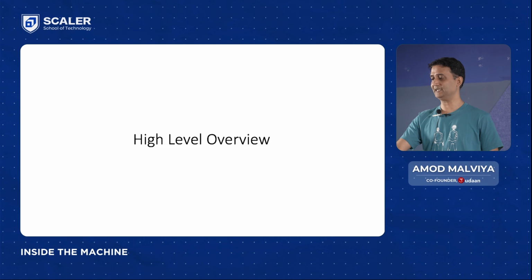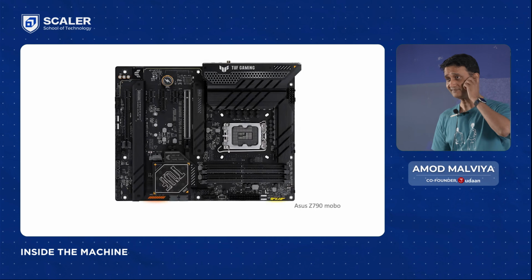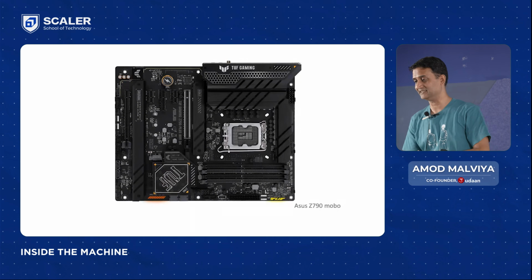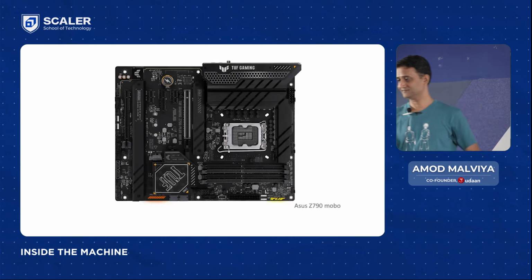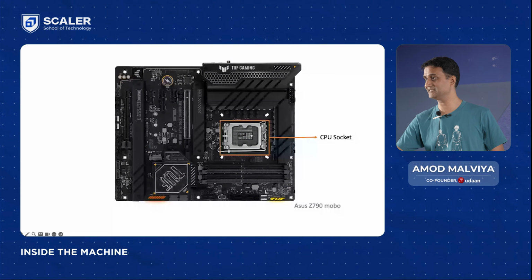All right, so with that, let's get started with a high-level overview. This is a standard motherboard, right? How many pieces can we identify in this? This one is CPU socket, okay? What else? What else can you guys see? RAM slots, okay? PCIe slot, okay?